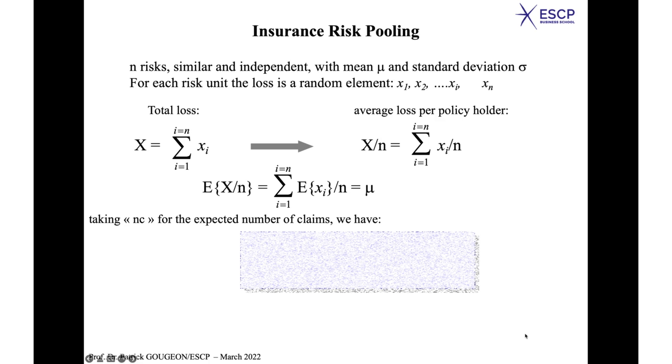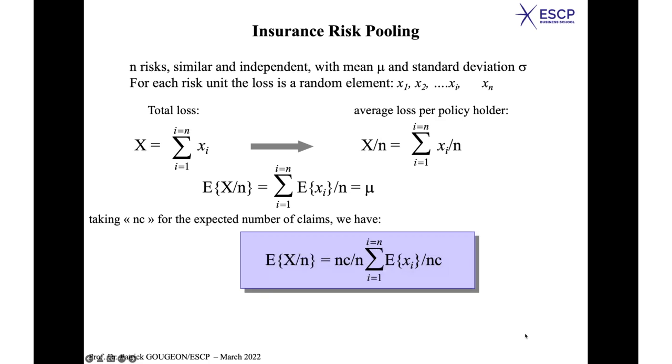So now introducing a new parameter, NC, which would correspond to what I call the expected number of claims. Within the population of risk, we have n entities, n individual risks. Not all of them will have an accident. Okay? They will not have a claim payment for each.